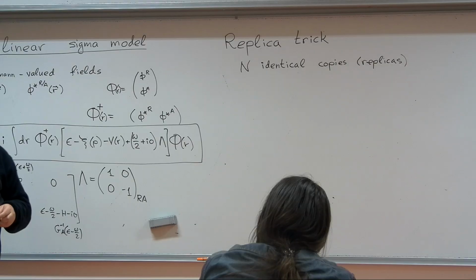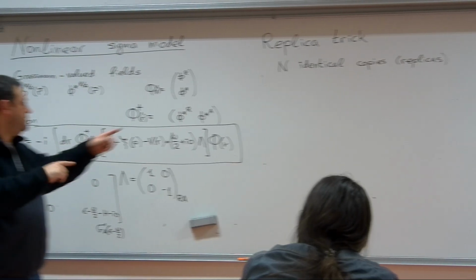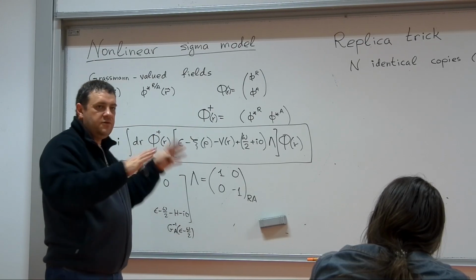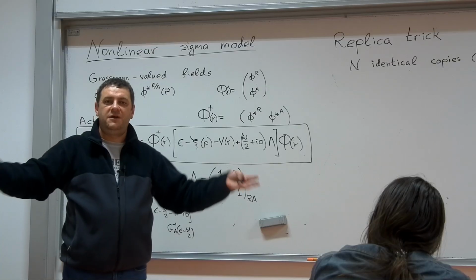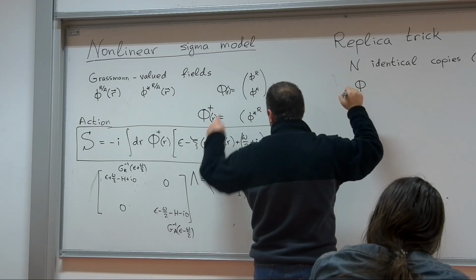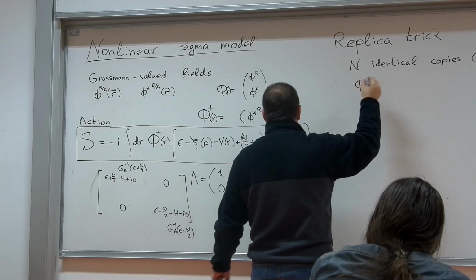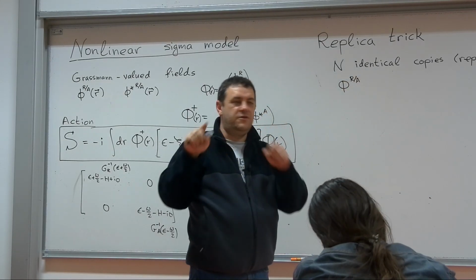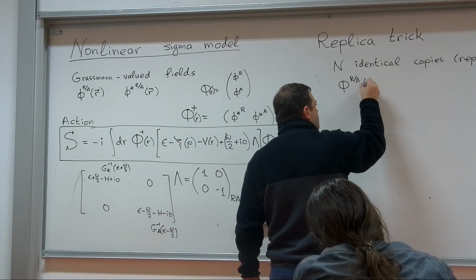Our fields will be fields not only in real space, but also in the space of these copies. Everything will be multiplied by n. So we have phi, our fields, which were retarded or advanced, with a star or without a star. They depended on r.